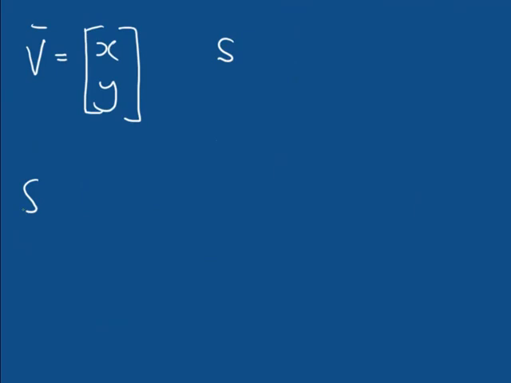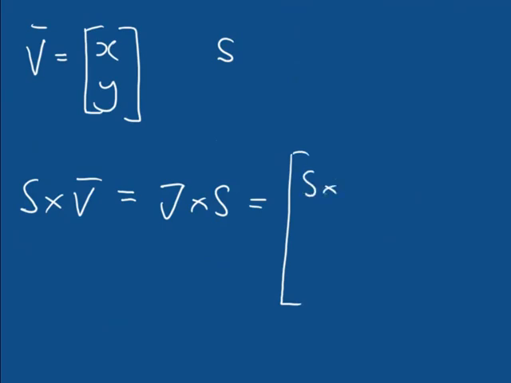So if I scroll down, let's just go over the key concepts again. The key concepts were, if we have a vector which has the components x, y, so it's a 2D Cartesian vector, and we have a scalar s, we know that s times the vector is equal to the vector times our scalar, and that's going to be equal to s times x as the first component and s times y as the second component.